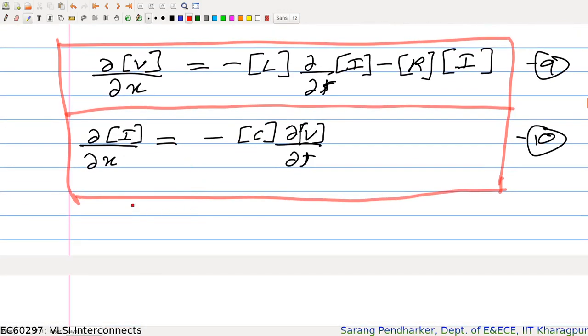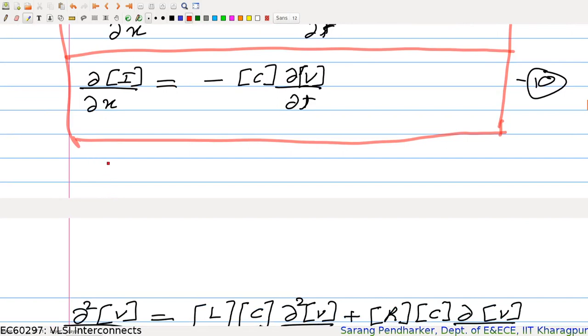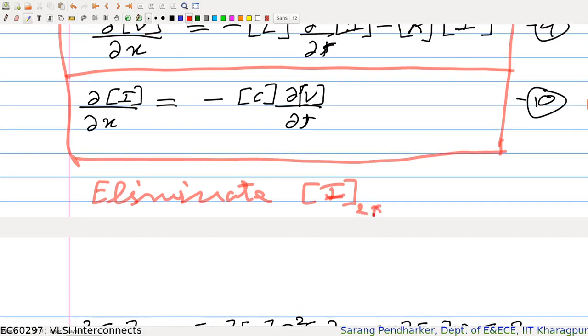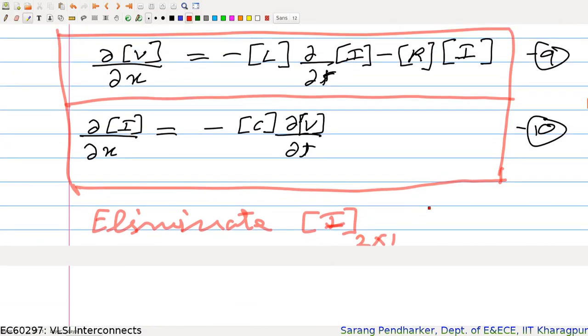Now if I want to eliminate I from here, it becomes a lot simpler. I is 2 cross 1, so please don't confuse this with a matrix, this is actually a column vector. Eliminate I from 9 and 10.